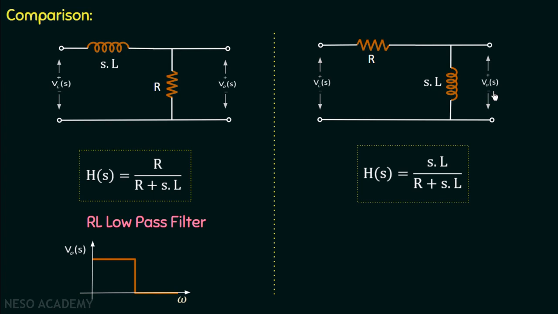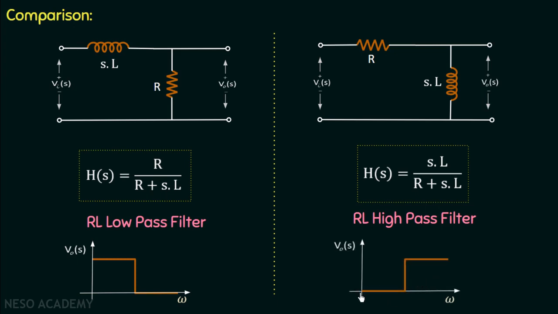In this way, for high value of frequency, the output is not equal to 0, and for low value of frequency, the output is equal to 0. And that's why we call this circuit the RL high pass filter. Because for high values of frequency, the output is non-zero, and for low value of frequency, the output is equal to 0. The filtering characteristics of RL high pass filter is given by this graph.